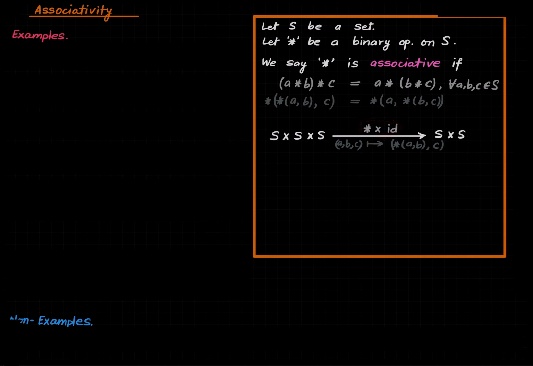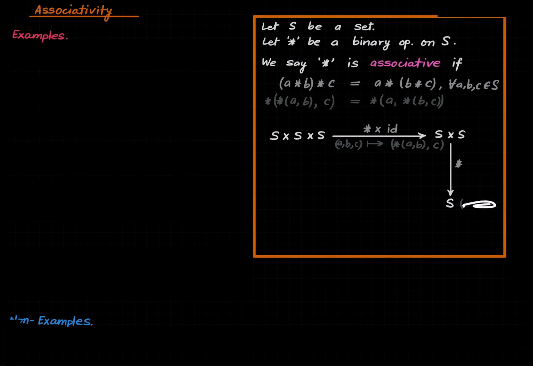So what is happening is we have applied star to the first two entries to produce a baby, and the third entry we preserved. And now you can apply star to this guy. If you apply star here, what you get is A star B star C.